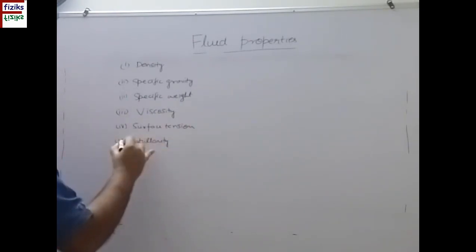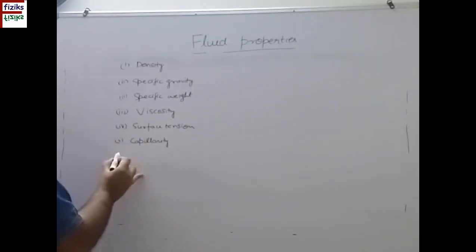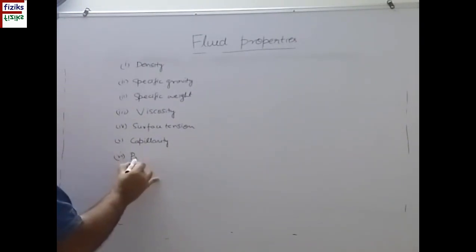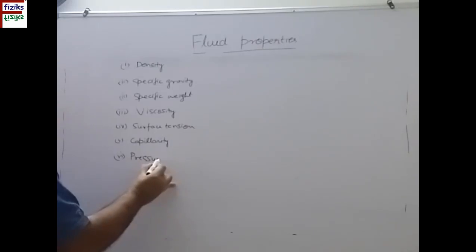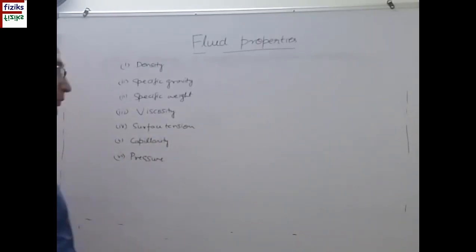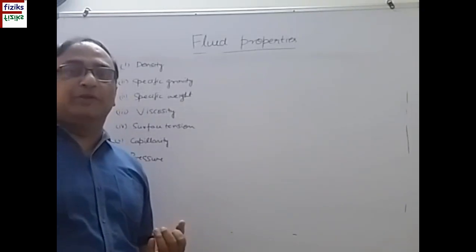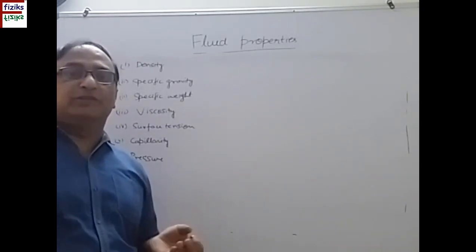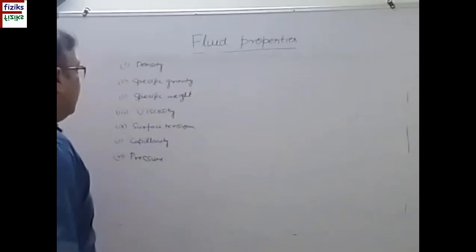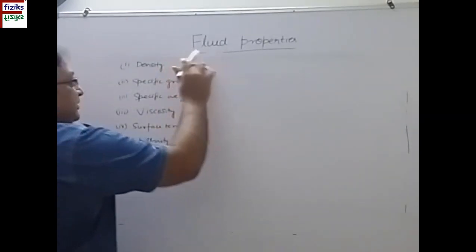These are some important properties of the fluids, and also the fluids exert pressure, which is a property, the most important property of the fluids, and we will discuss also how the pressure is exerted, how the pressure is measured. So first of all, let us discuss its density.